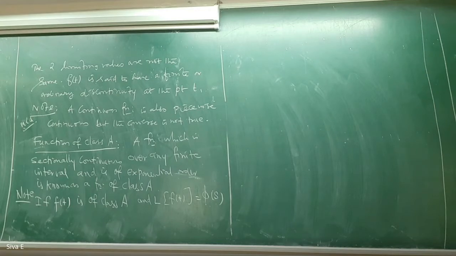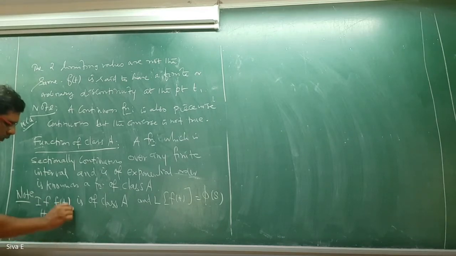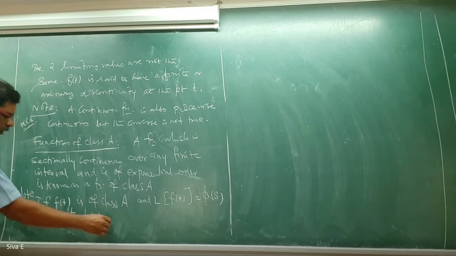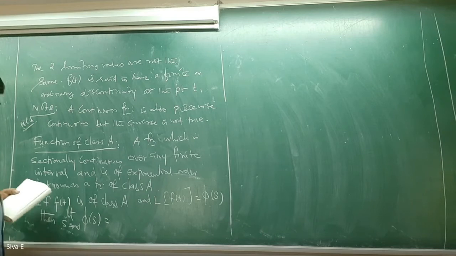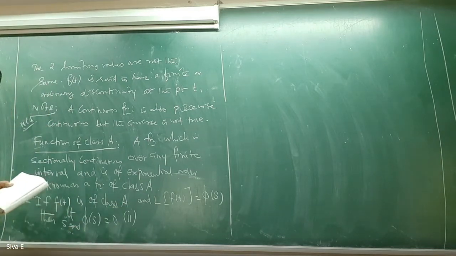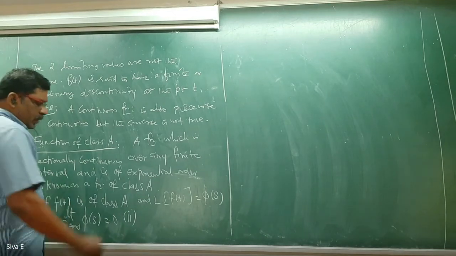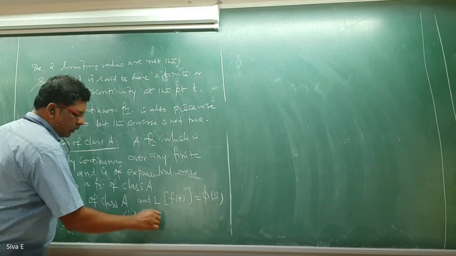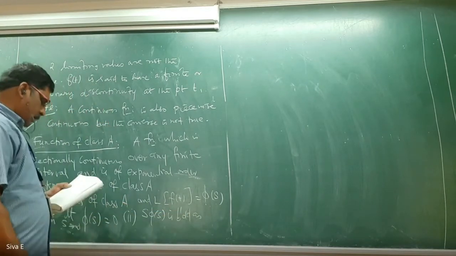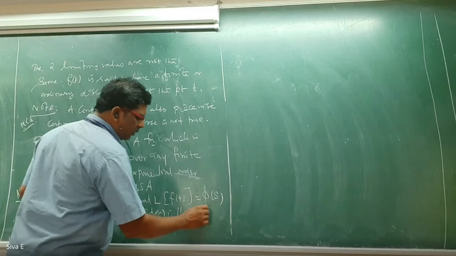Then the limit as s tends to infinity of phi of s equals 0. Second, s times phi of s is bounded as s tends to infinity.